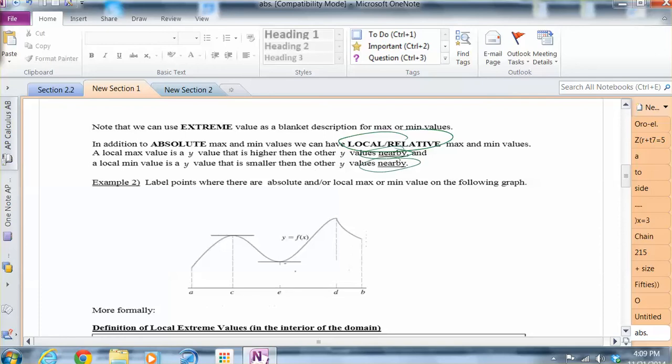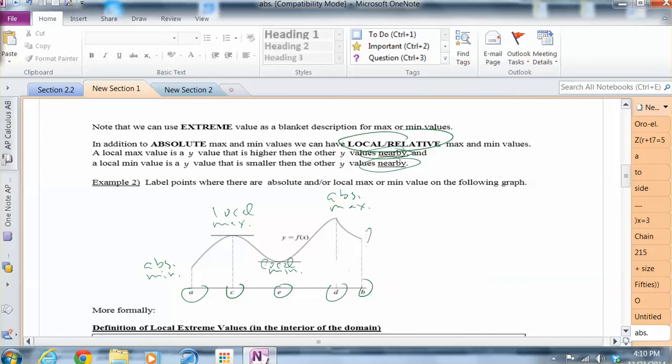So let's look at this graph here. We have 5 points A, C, E, D, B. And we see that at A, we definitely have an absolute min. At D, we have an absolute max. And we see that we have local max and mins at those two places.